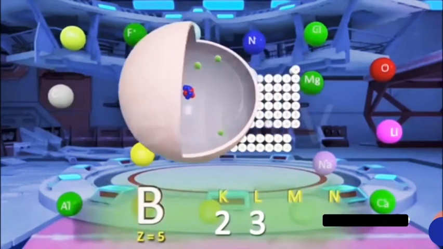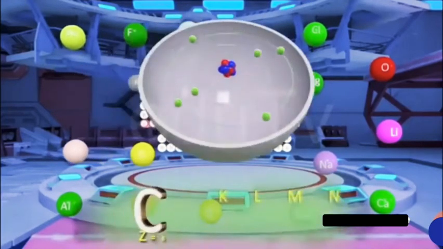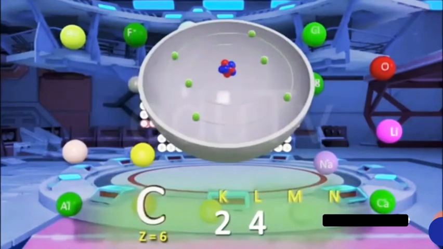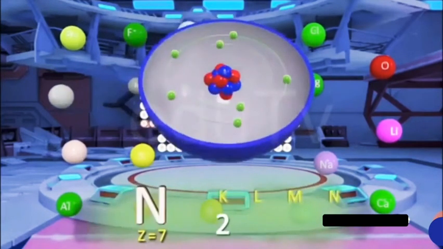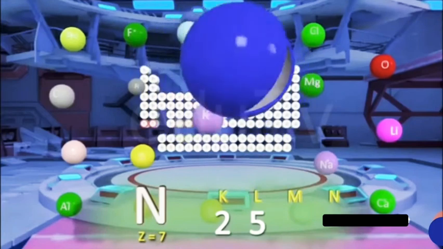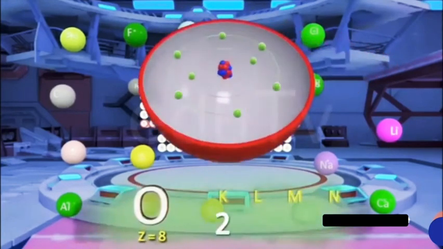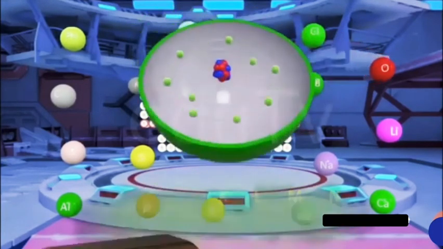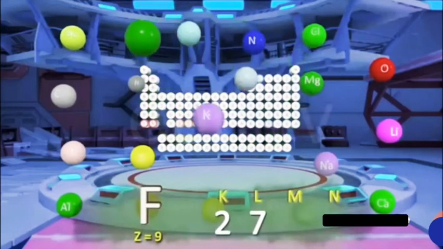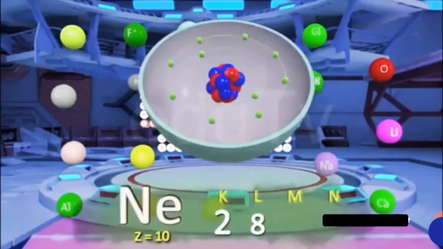Boron is 2, 3. Carbon is 2, 4. Nitrogen is 2, 5. Oxygen is 2, 6. Fluorine is 2, 7. Neon is 2, 8.